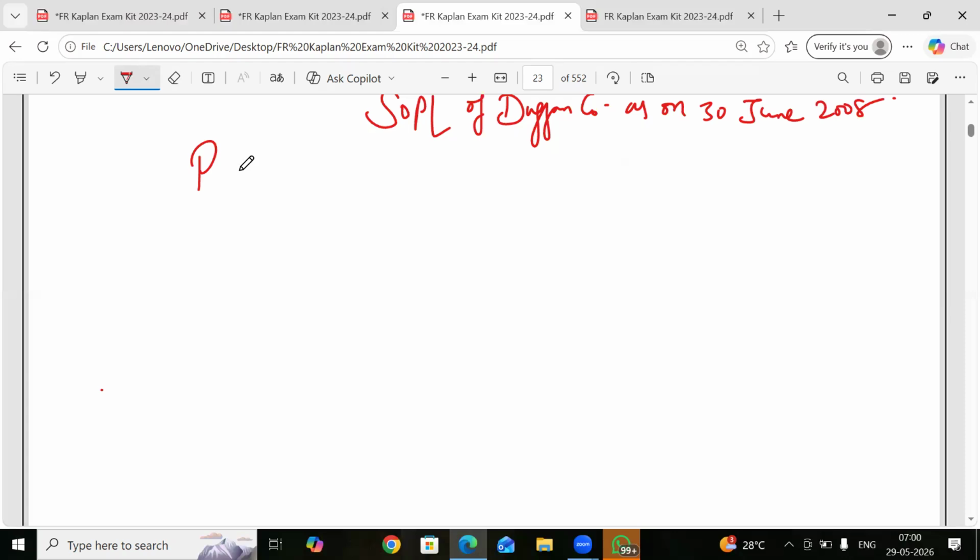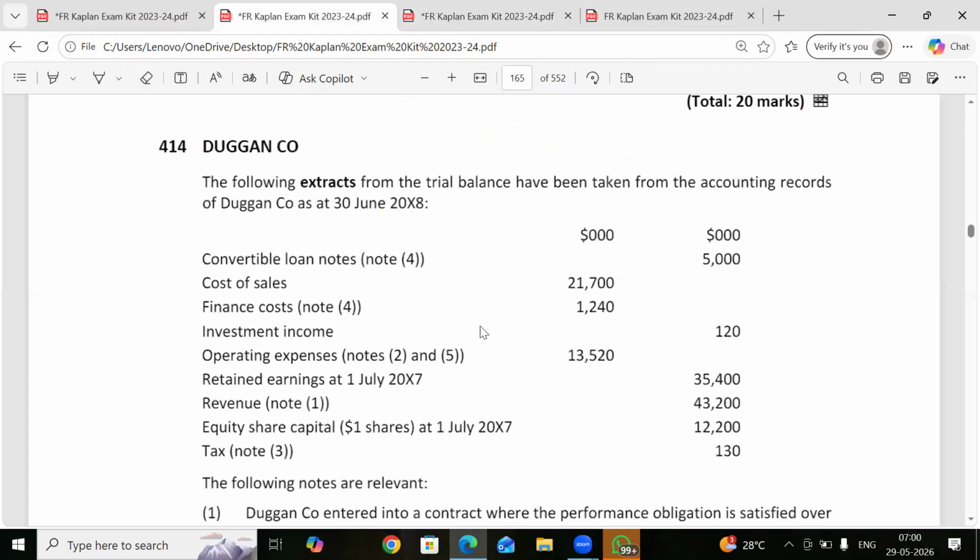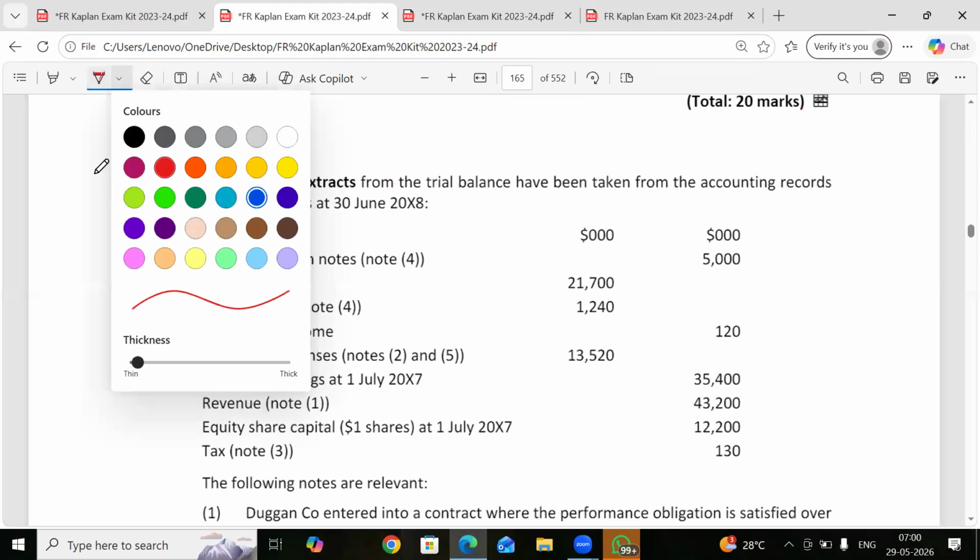First is revenue. So what is the revenue amount given? 43,200.